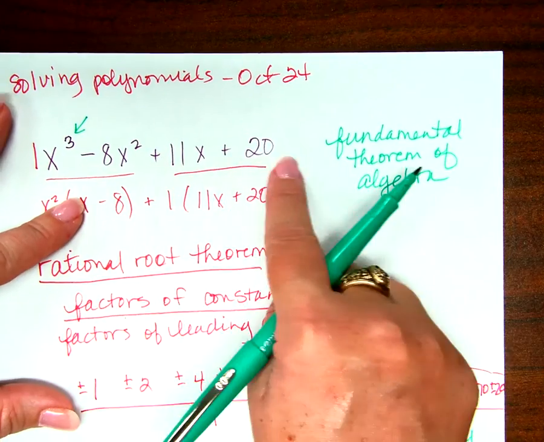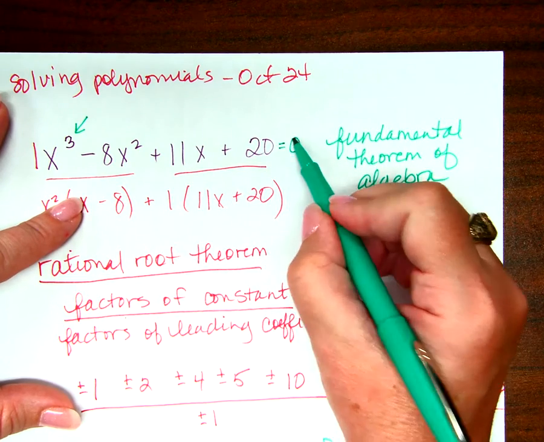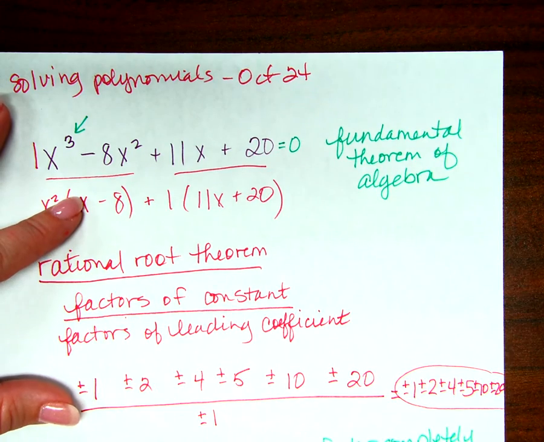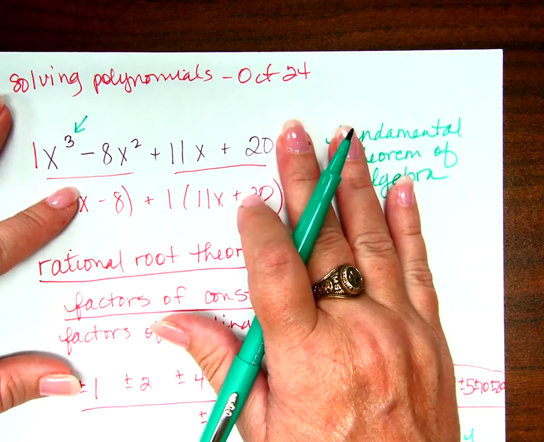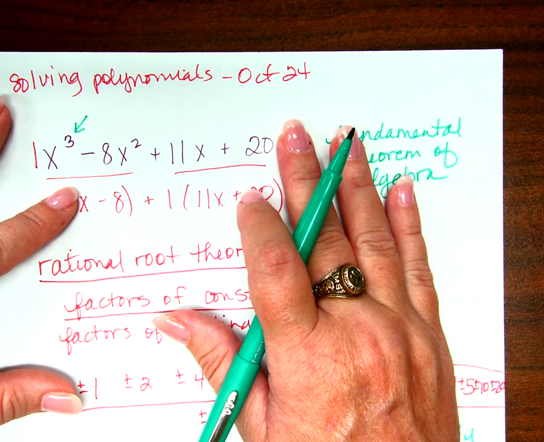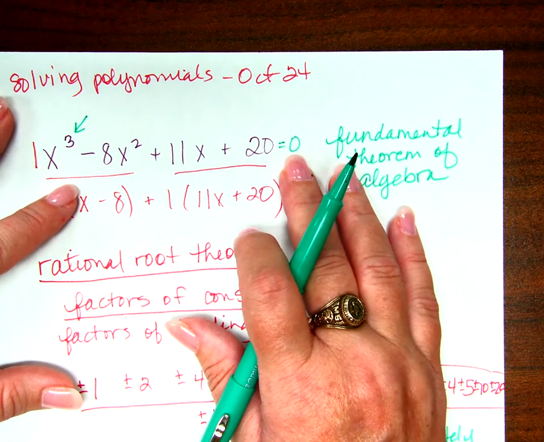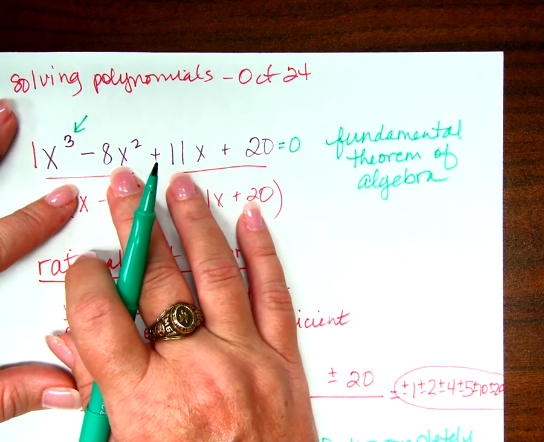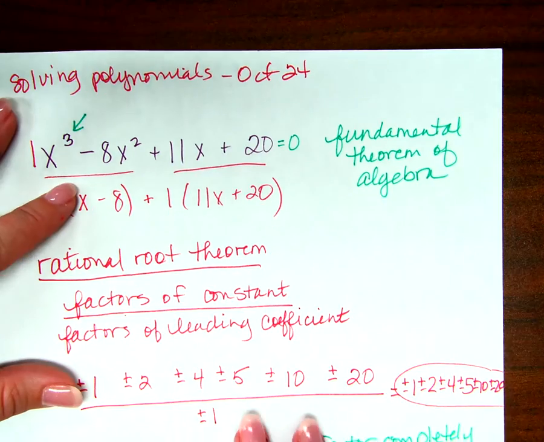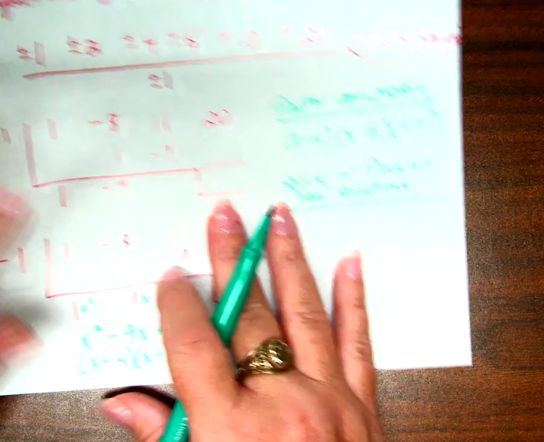It's because at the very beginning, the problem looked like this. If it's just an expression, all we can really do is factor it, right? But if it's an equation that's equal to 0, I need to figure out what x is that makes this equation equal to 0. And I do that by solving.